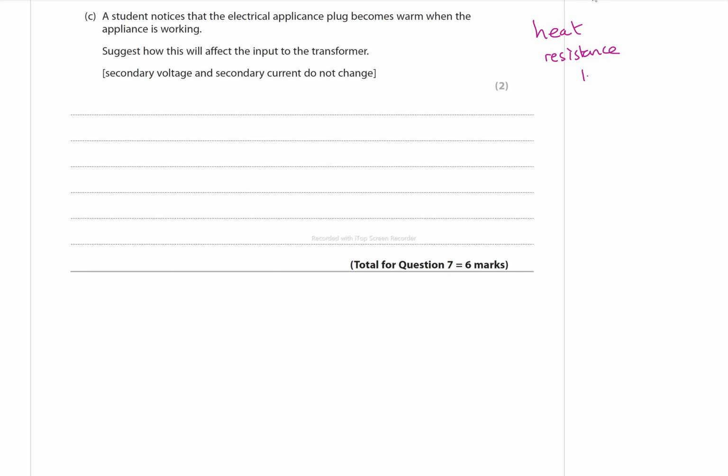So it becomes less efficient. Right. What they're saying here is the output doesn't change, so then the input needs to change to keep that the same.